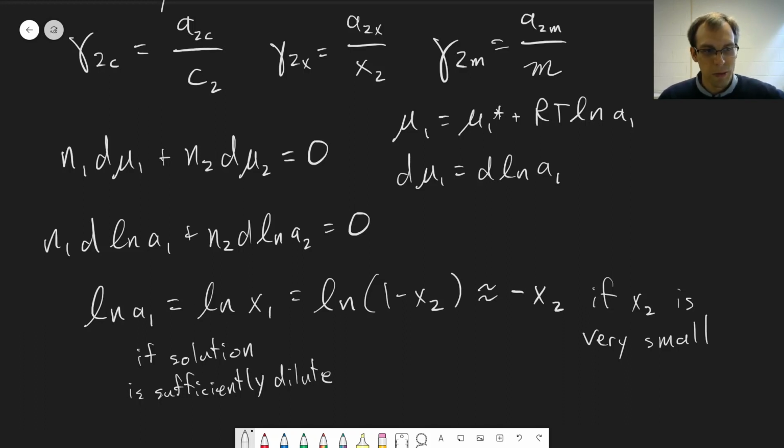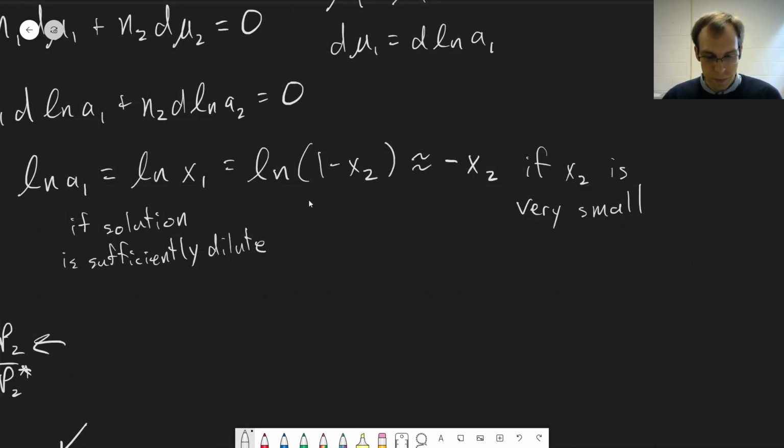Now we'd like to express x2 not in mole fraction, but in some other unit. We can do this by using the molecular weight of water, and the approximate molality of pure water. The details are in your textbook, I'll just show you the equation. We can say that x2 is approximately equal to the molality divided by 55.506 moles per kilogram.